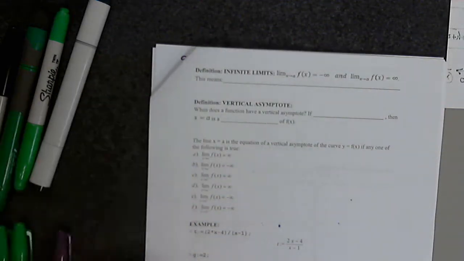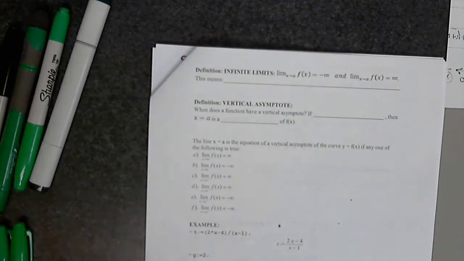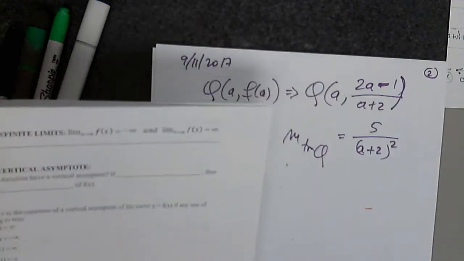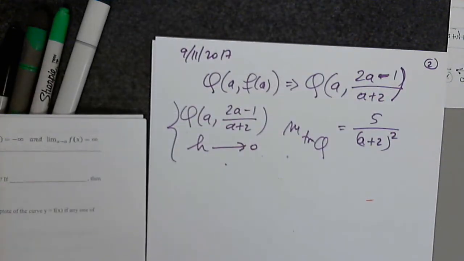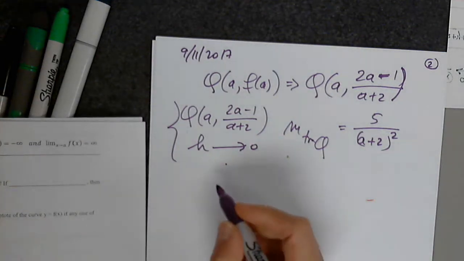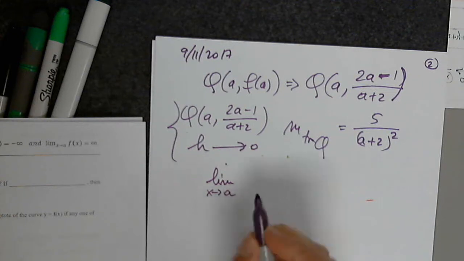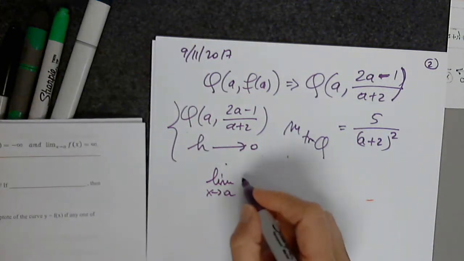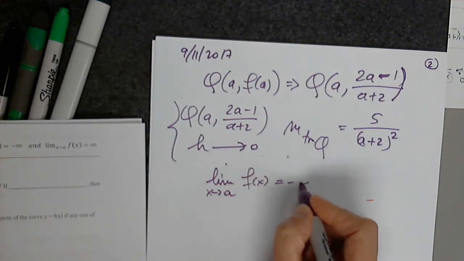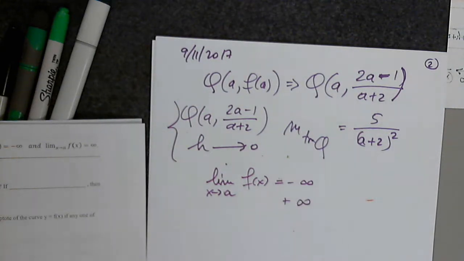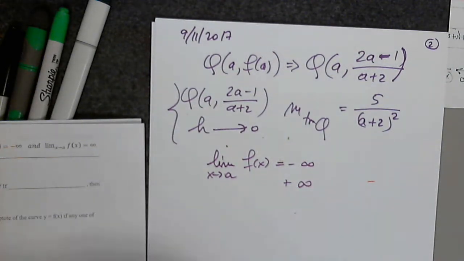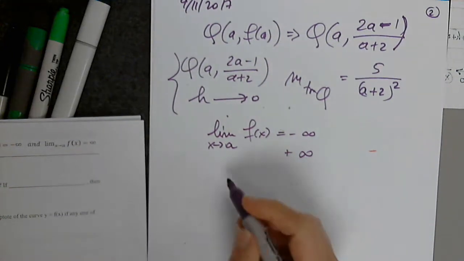Okay, so we did not finish this, and I wanted to talk about it and then continue with 2.3 and hopefully 2.4. So we already looked at some functions in which the limit as x approaches a was either negative infinity or positive infinity. It can be a limit from either side, or from one side.